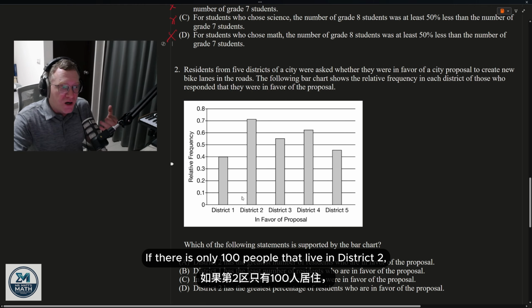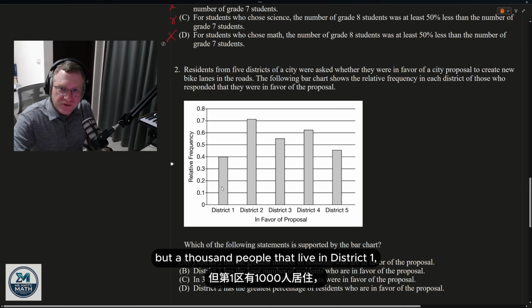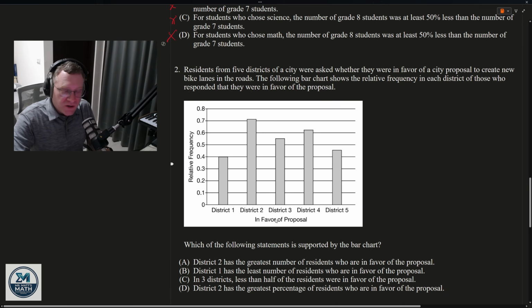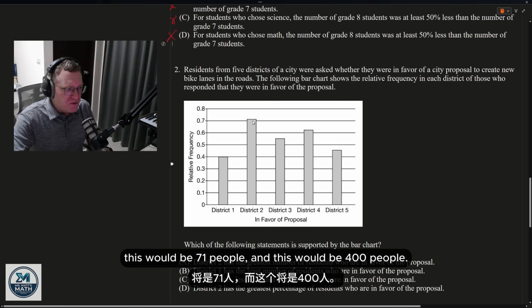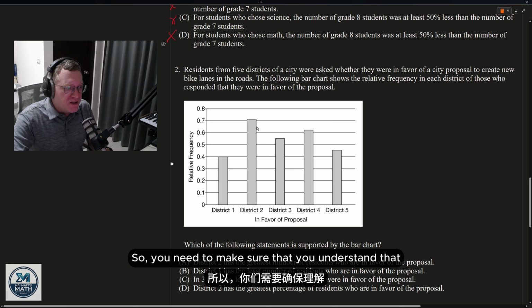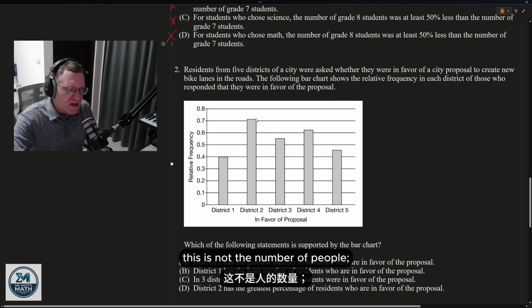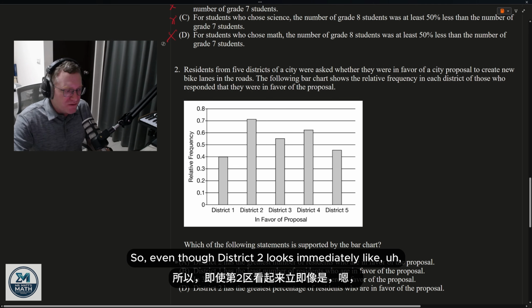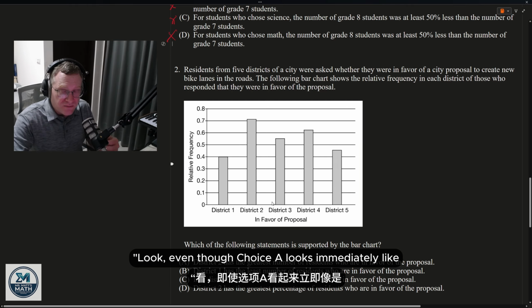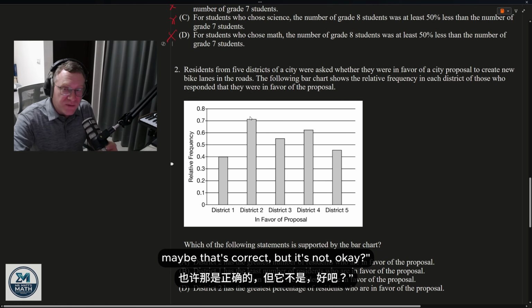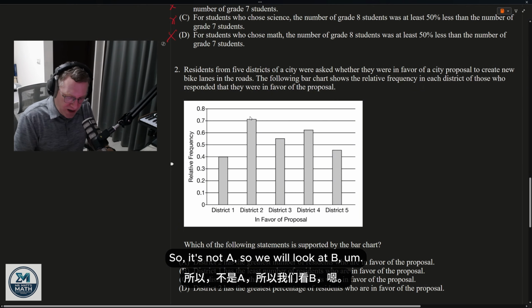If there are only 100 people that live in District 2, but 1,000 people that live in District 1, well, in that case, this would be 71 people, and this would be 400 people. So you need to make sure that you understand that this is not the number of people. This is the percentage of people. So even though choice A looks immediately like maybe that's correct, it's not. Okay. So it's not A.